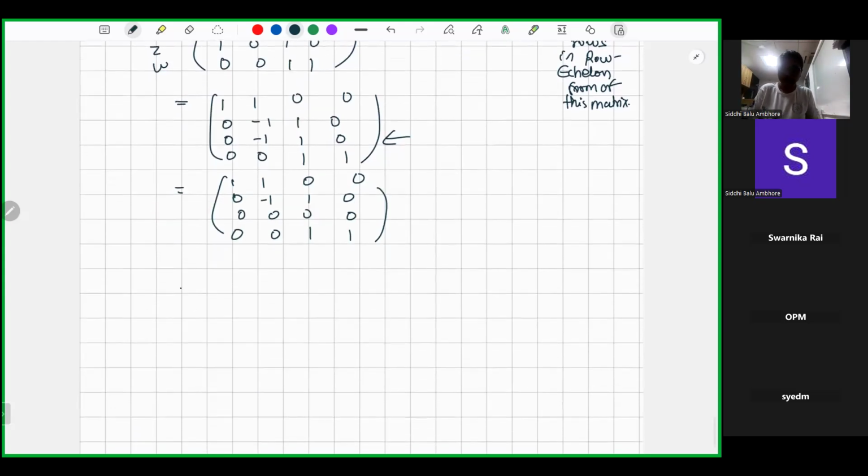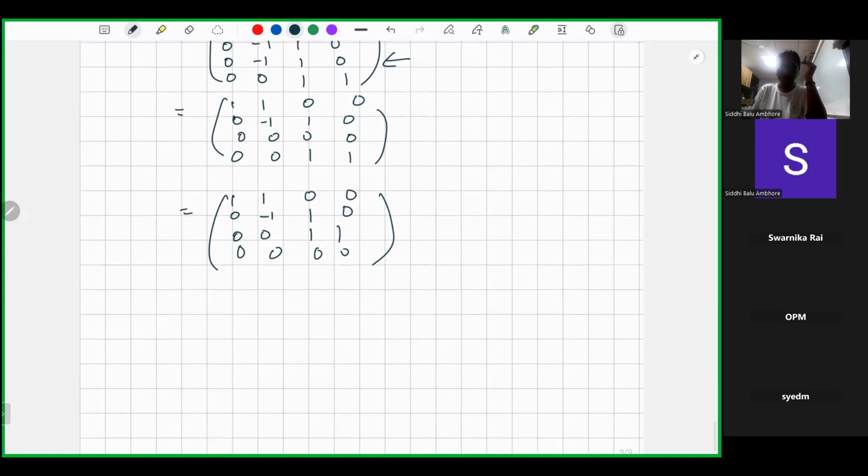Then if I swap, I get 1, 0, 0, 0, minus 1, 1, 0, and 0, 0, 1, 1. And now we can't further simplify anything, right? This is in row echelon form. Just multiply the second row by minus 1, and we will get 1, 1, 0, 0, 0, 1, minus 1, 0, and 0, 0, 1, 1.